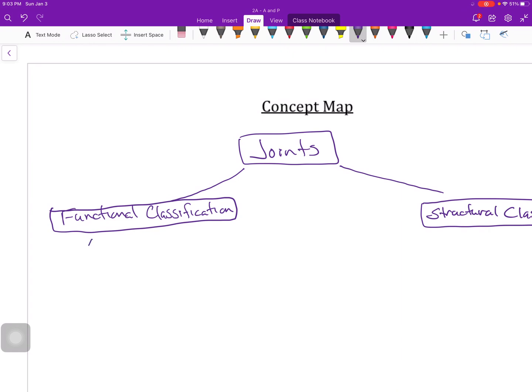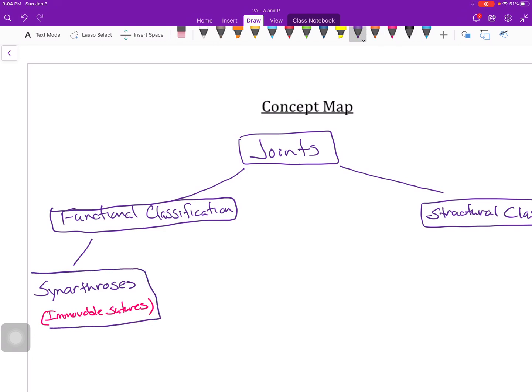Okay, so we'll start with functional classification. We had 3. The first one was synarthroses. And those would be classified as immovable. Sutures would be an example of those. All right. Then we come down and we do amphiarthroses.